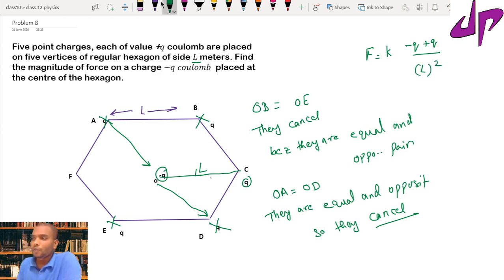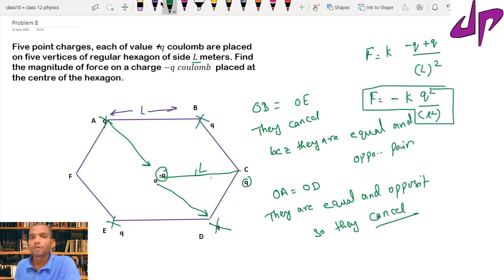Simply, you can write F equals minus k q square by L square. So that is the final resultant force.